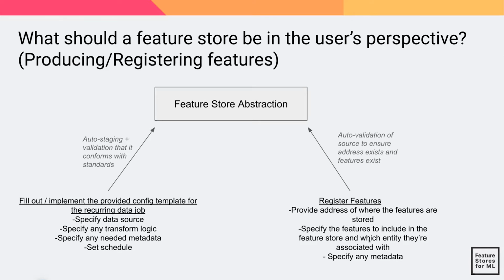So the user experience should be, hey, it's constrained. I know exactly what I need to give to the feature store, and I can have confidence that because I follow these constraints, the consuming side of the feature store will work well.